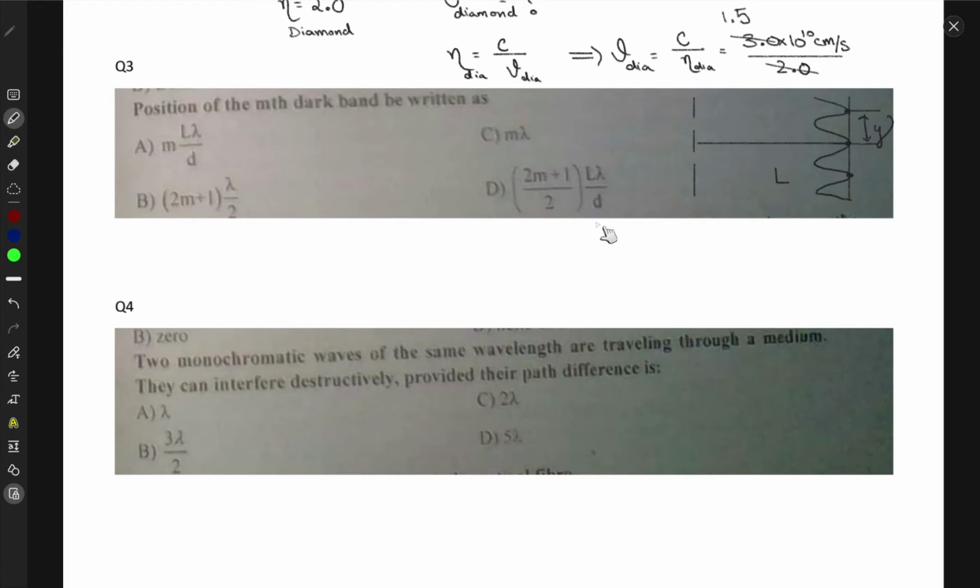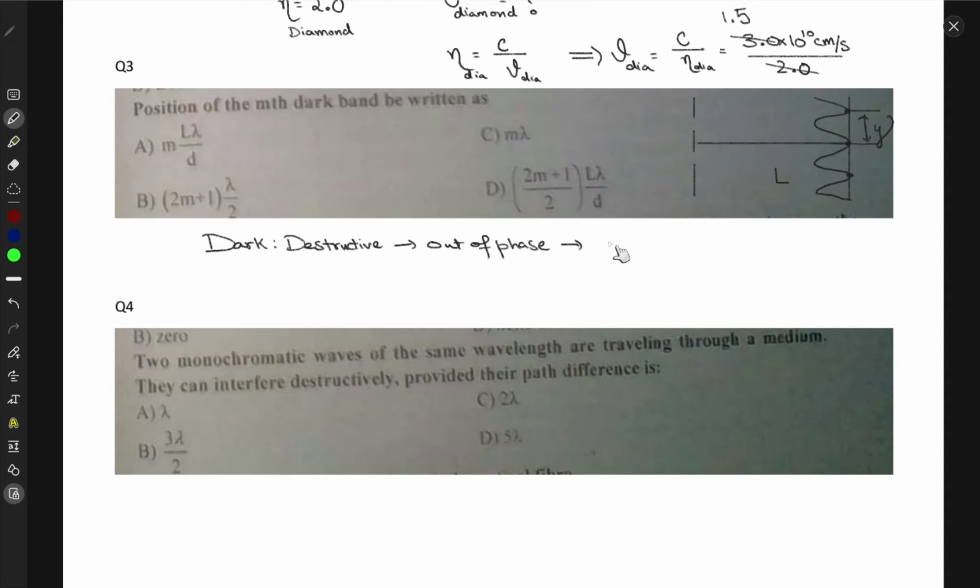Now, we know that the dark fringe would be given as a result of destructive interference, right? And so whenever we have destructive interference, that implies that our waves are out of phase.